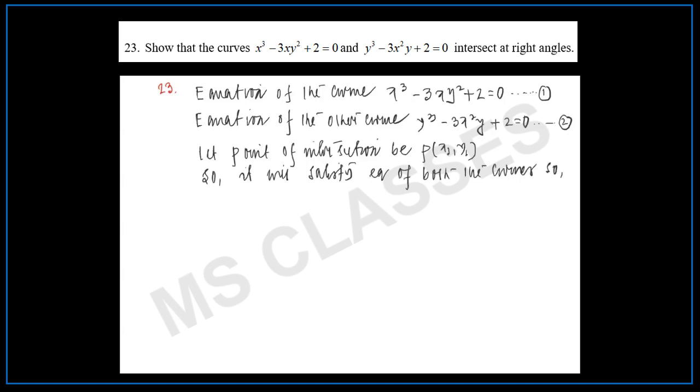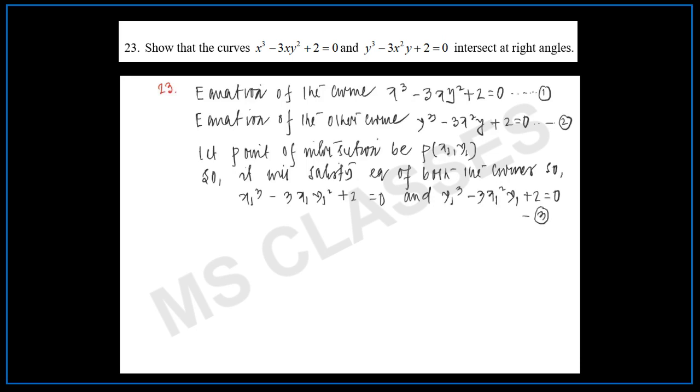So x1 cube minus 3x1 y1 square plus 2 equal to 0, and y1 cube minus 3x1 square into y1 plus 2 equal to 0. We mark this as equation 3.